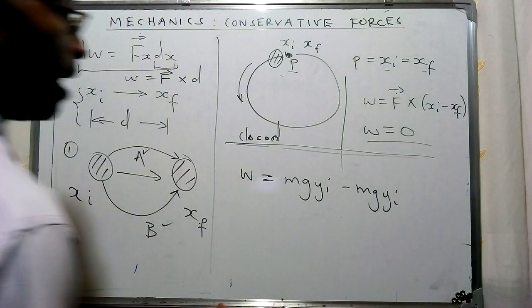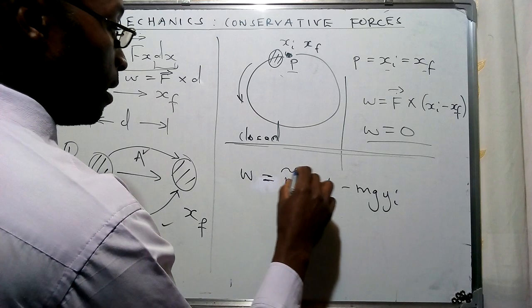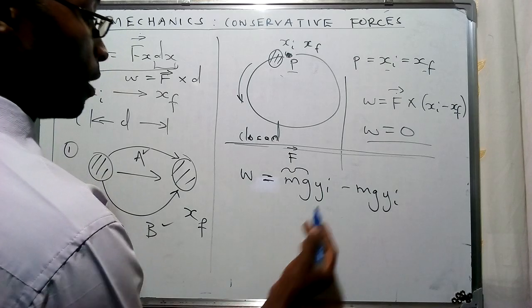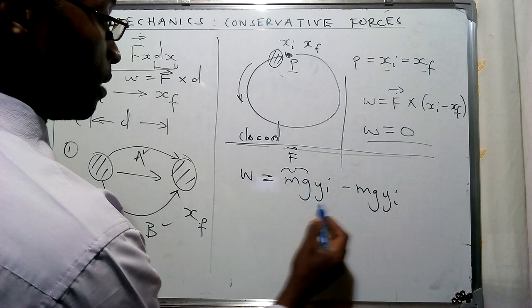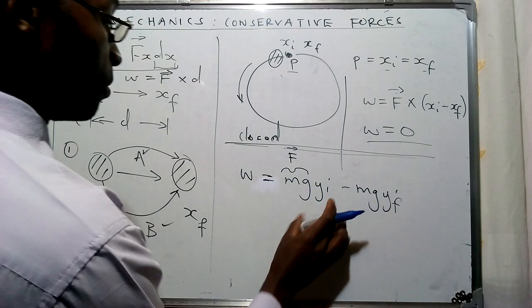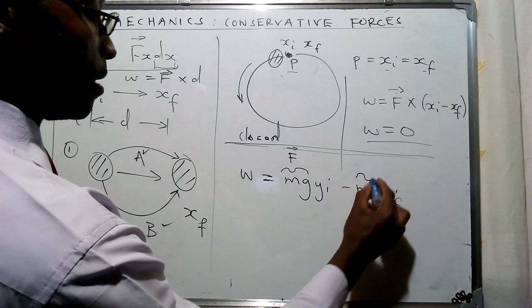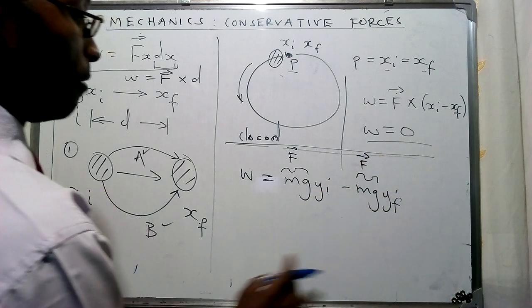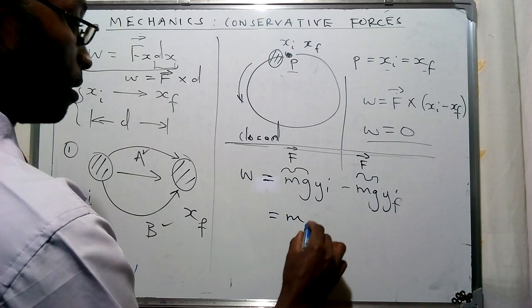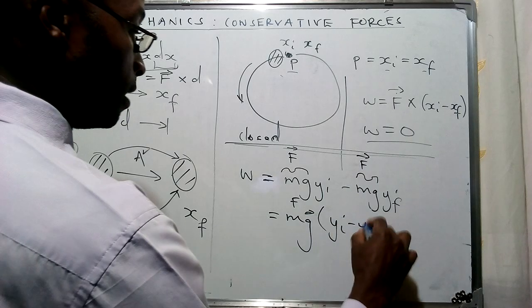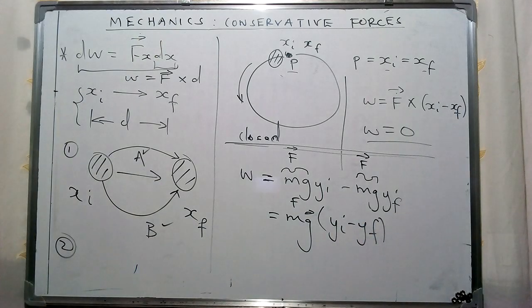We said that this mg is what we refer to as a force. So it's going to be the force times the displacement from y initial to y final. So we have mg as a force times the displacement of y initial, y final. This was a definition of the weight of an object from our previous discussion.